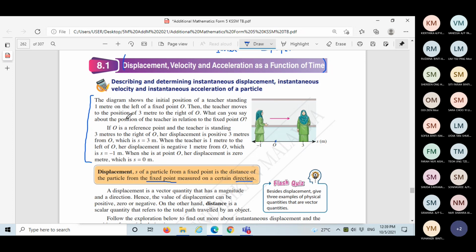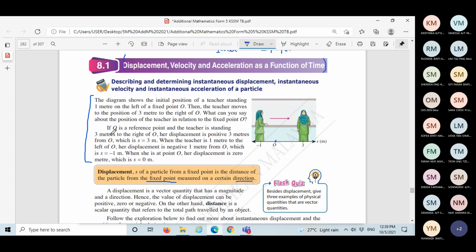What can you say about the position of the teacher in relation to the fixed point O? If O is a reference point, in this kind of question you always have a reference point, and mostly they label it as O, but in some cases not.